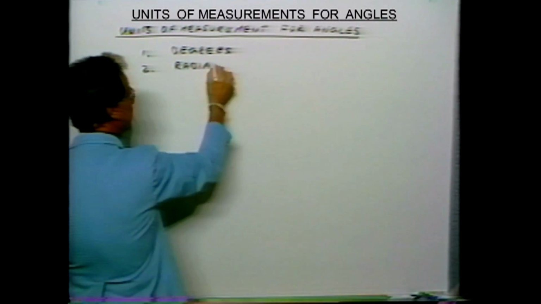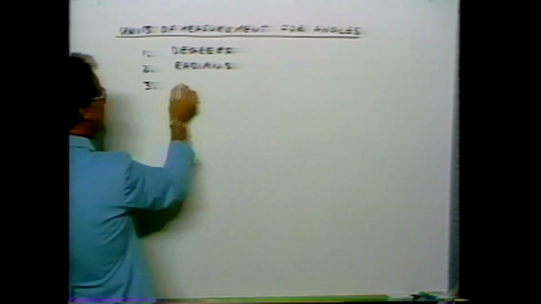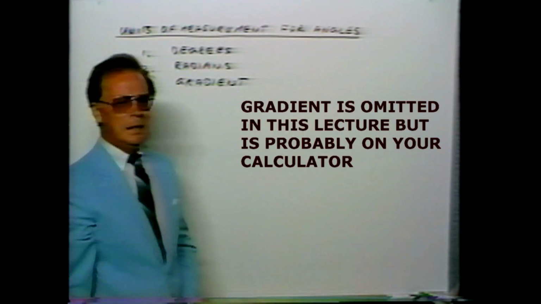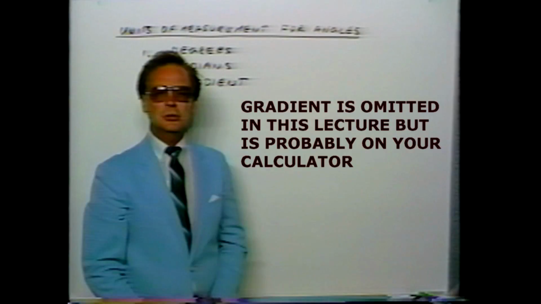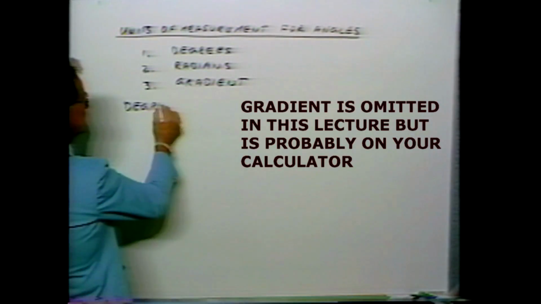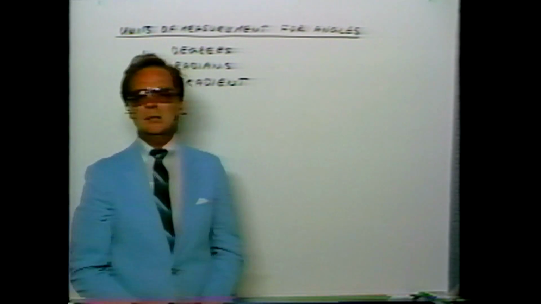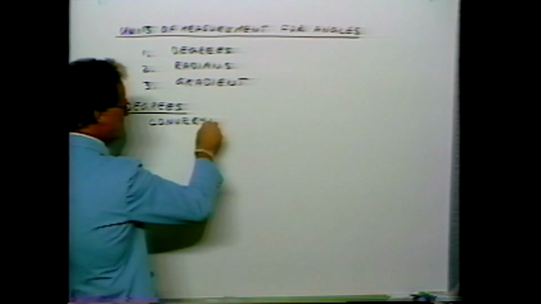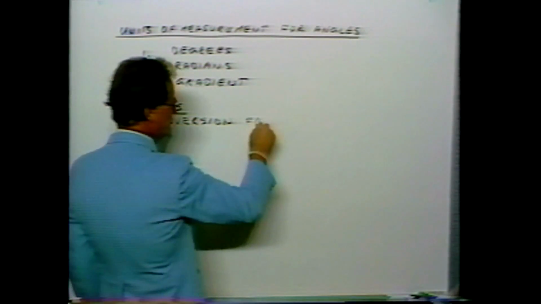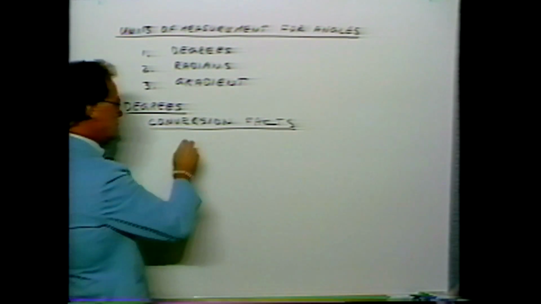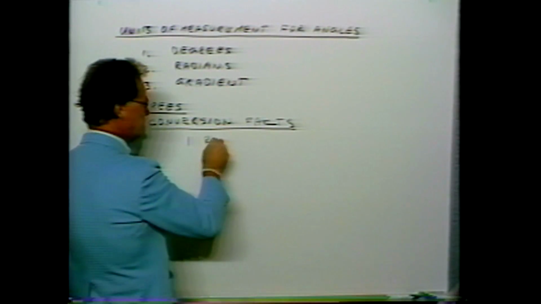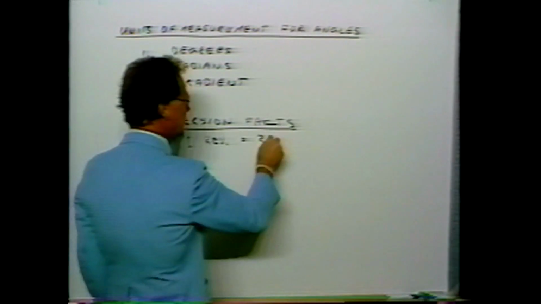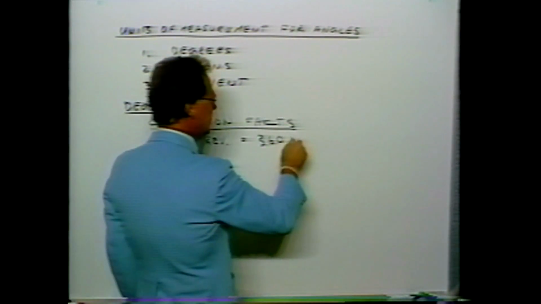Radians, and 3. Gradient. I will be emphasizing the first 2 only. Degrees. Here are some conversion facts. One revolution, of course, is 360 degrees.